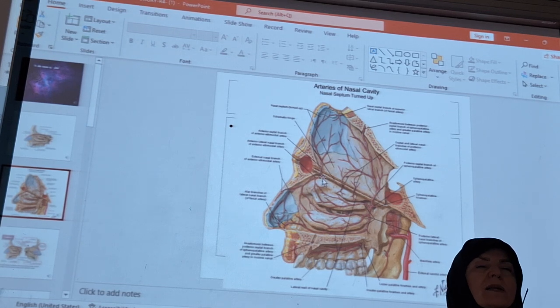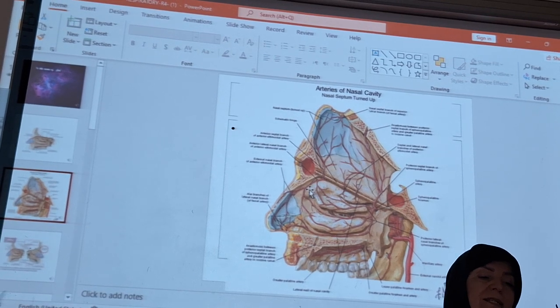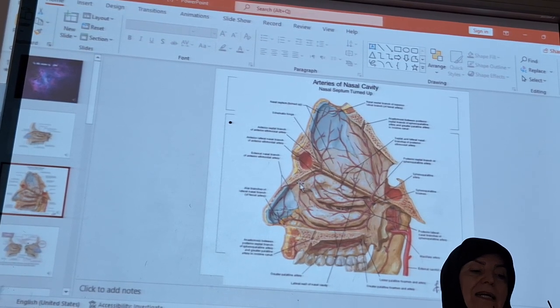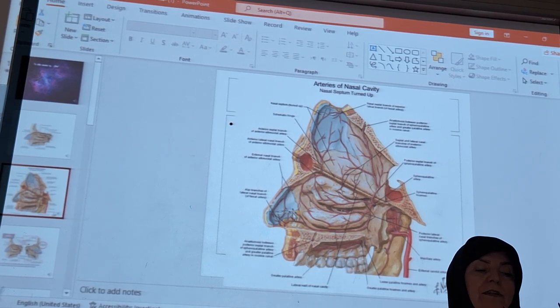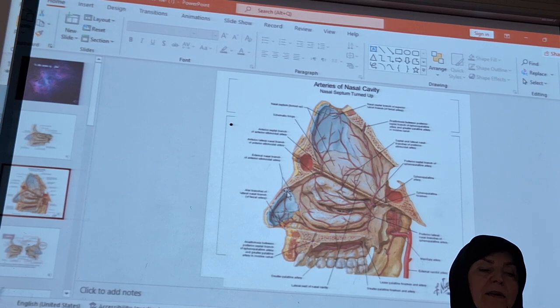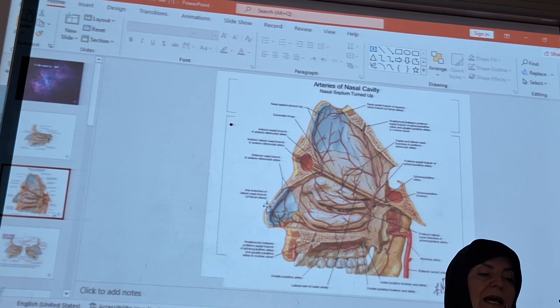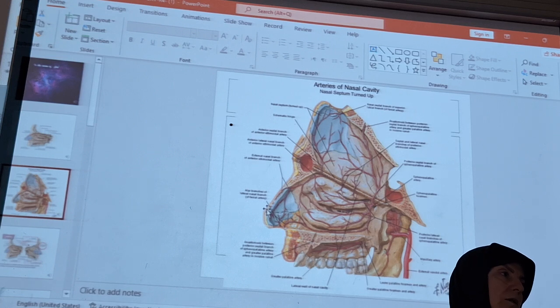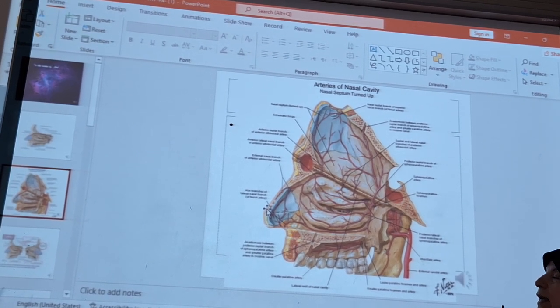About the anterior ethmoidal, in your book you find that the anterior ethmoidal is coming to the lateral surface. After passing deep to the nasal bone, it is going to leave the nasal cavity between the nasal bone and the nasal cartilage. Come near the skin, and here we call the external nasal artery, that supplies the skin and all of the tissue here. Again, look at this picture in your book.